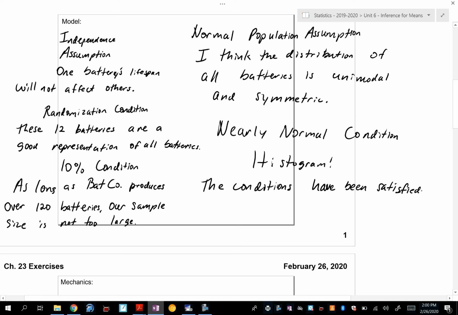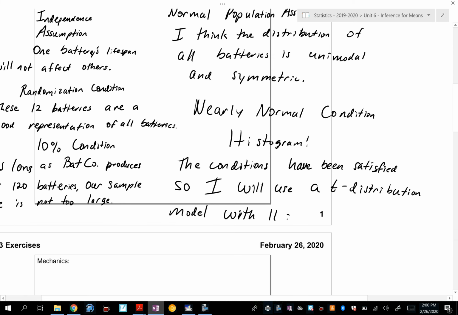Man, the conditions have been satisfied. Now be careful here. So I will use a T distribution model with, and this is going to be interesting, you've never done this before, 11 degrees of freedom.